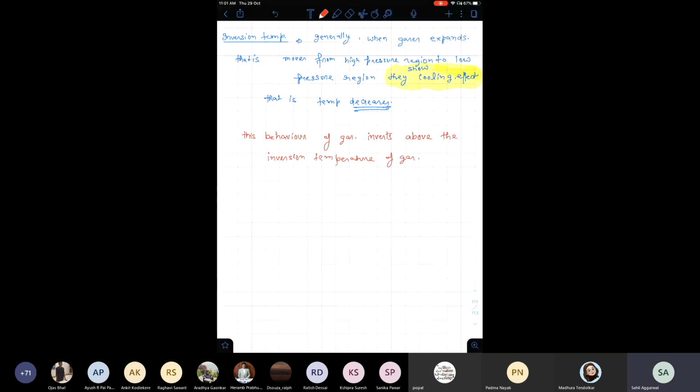मतलब गैसेज शोज इन्वर्ट बिहेवियर. इन्वर्ट बिहेवियर क्या होगा? इन्वर्ट का मतलब क्या होता है? What do we mean by invert? इन्वर्ट का मतलब उल्टा बिहेवियर, राइट? एम आई ऑडिबल?